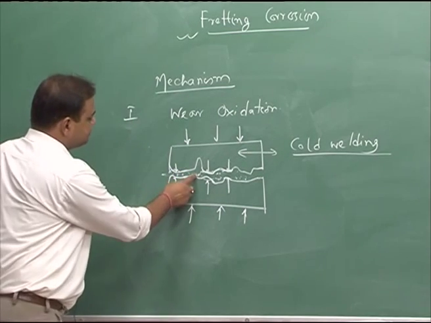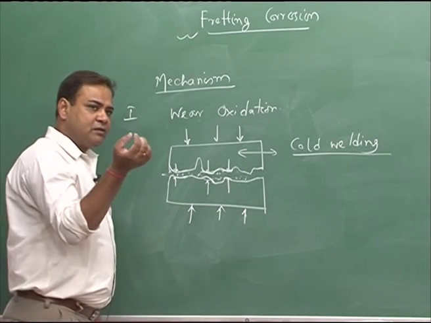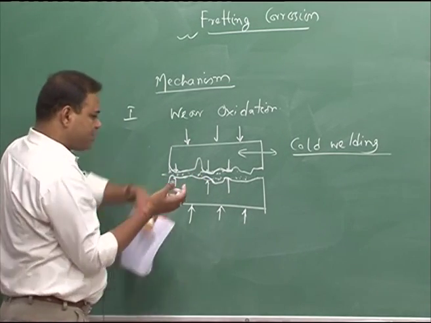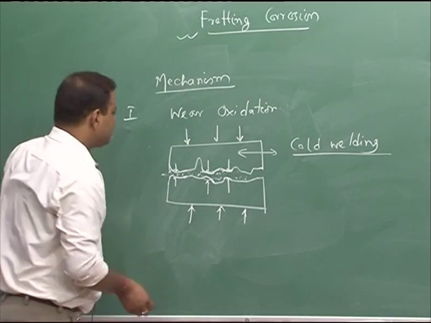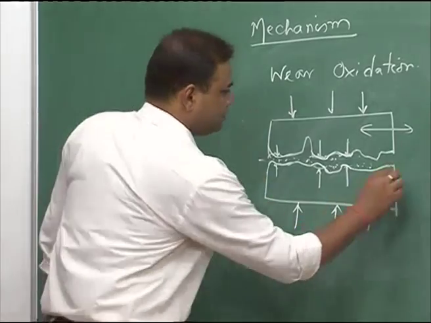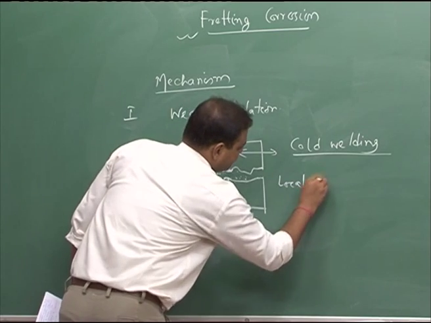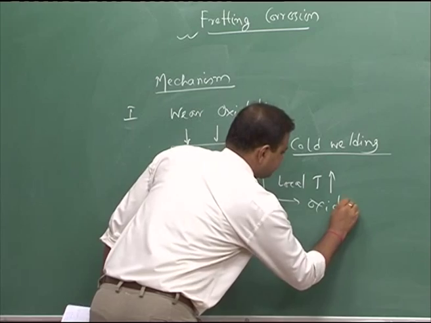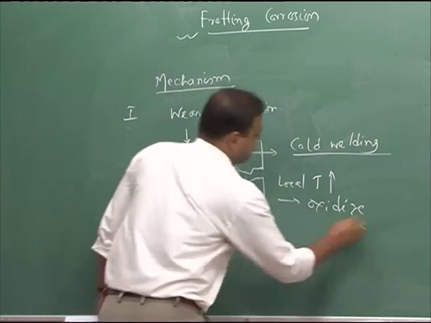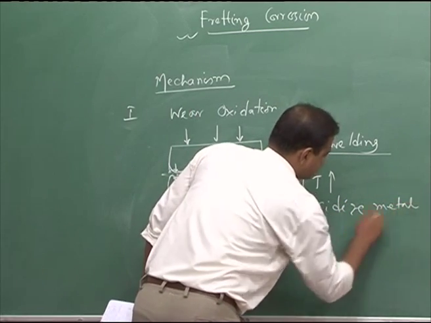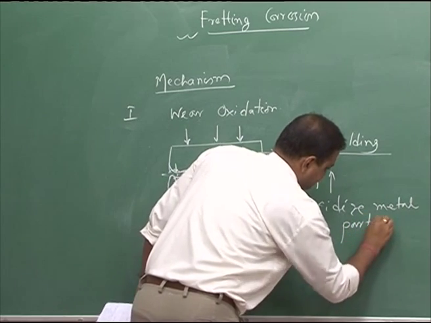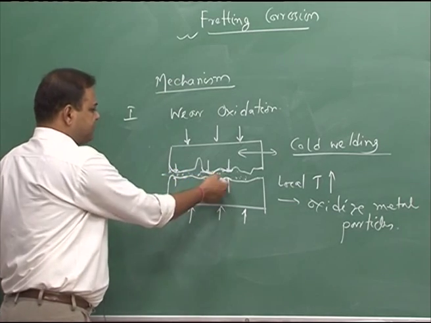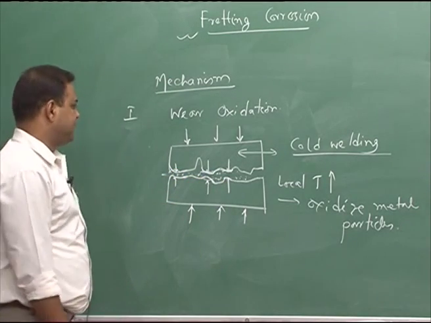Initially those were metal particles, and because of this relative movement as well as because of this pressure, the local temperature goes up, which will oxidize those metal particles. And those oxide particles will be the debris in the groove.